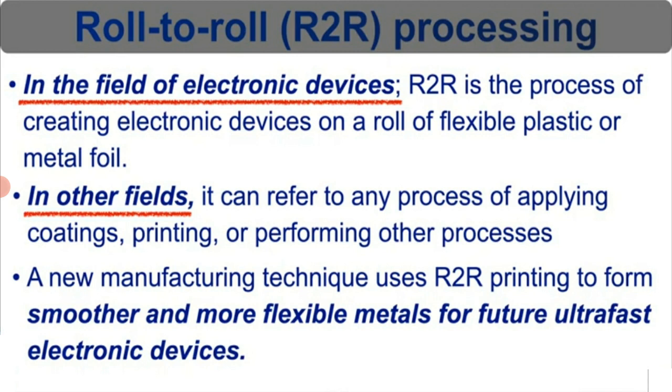In other fields, it can refer to any process of applying, coating, printing or performing other processes. A new manufacturing technique uses R2R printers to form smoother and more flexible metals for future ultra-fast electronic devices.